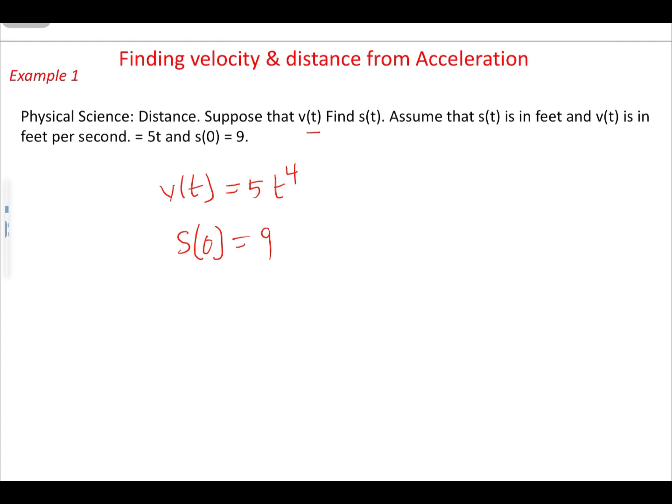I think the x of 0 came here, and the v of t came down here, but the power didn't come. So x of 0 is 9. And then the question is, we should find s of t. As it has been stated here, find s of t.